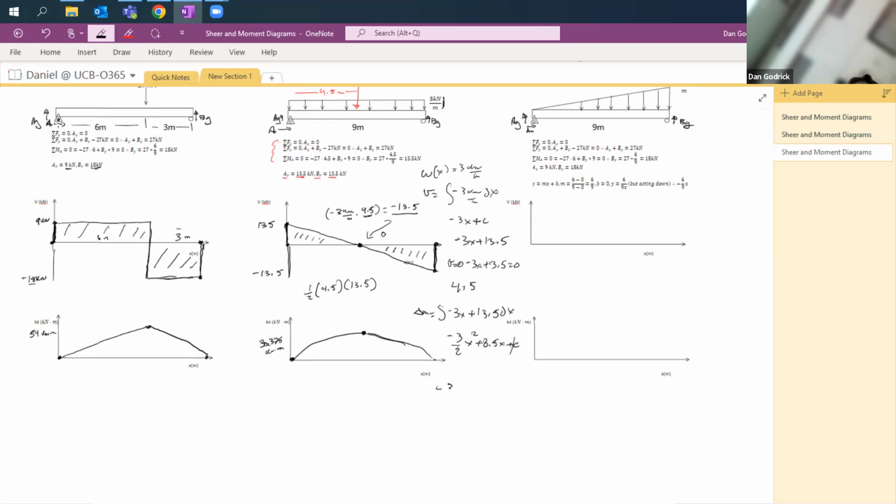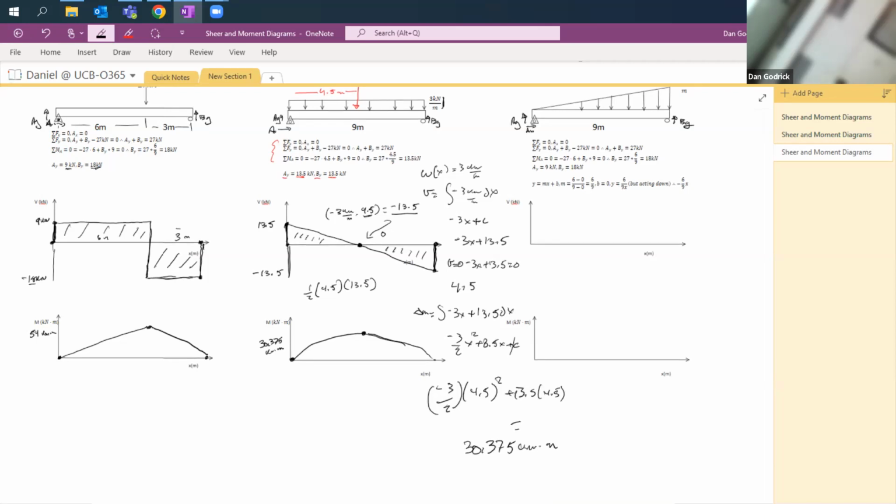Well, let's try it. Minus 3 divided by 2 times 4.5 squared plus 13.5 times 4.5 is equal to 30.375 kilonewton meters. So we see that it's consistent whether we use the graphical method or we use these equations.